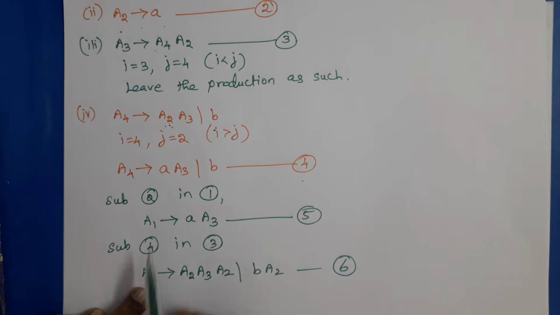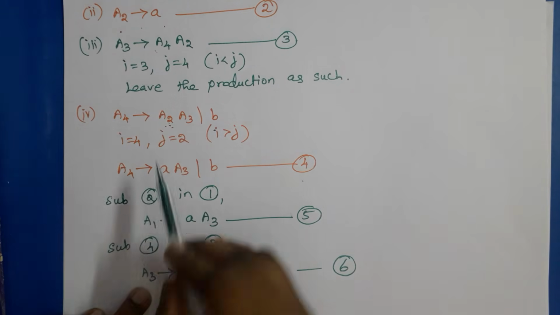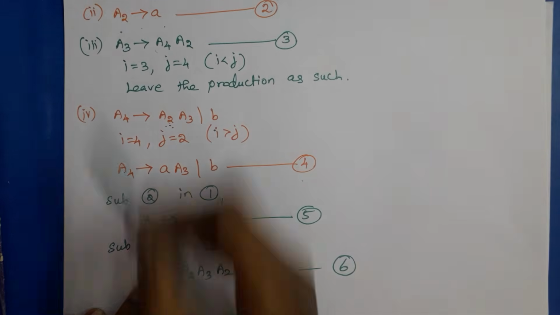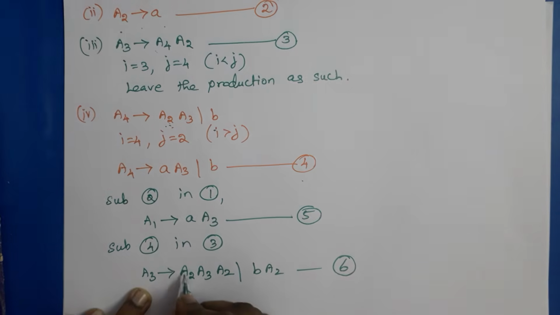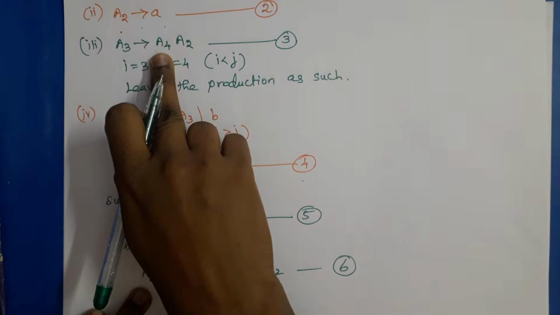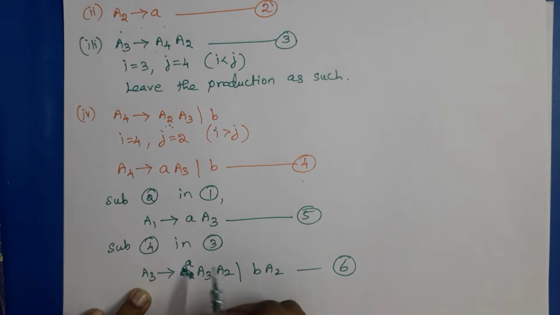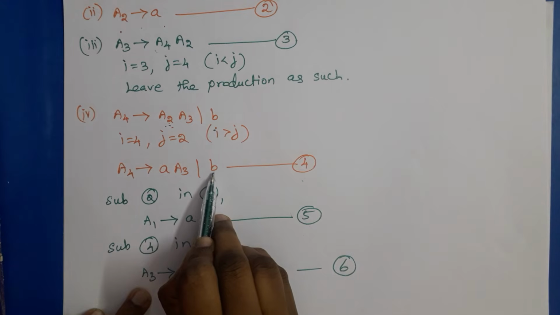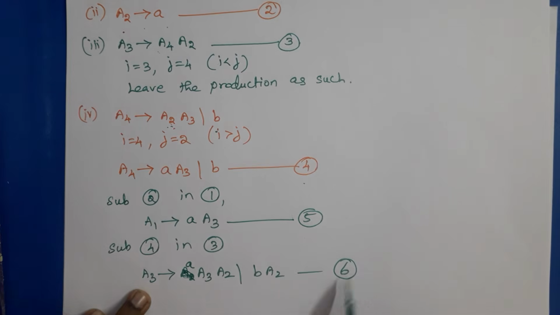When we want to convert A3 into GNF format, we have to substitute equation 4 in equation 3, right? So this is not A2 A3 A2. A3 should be substituted for A4. So A3 A2. Then b should be substituted here. So b A2. So this is equation number 6.